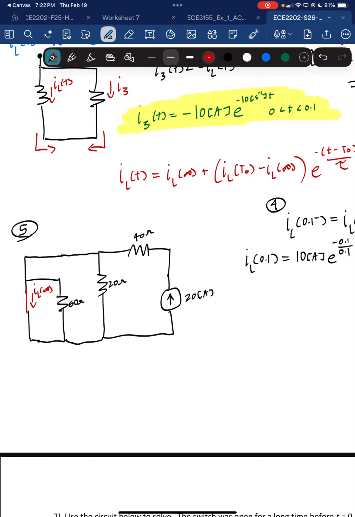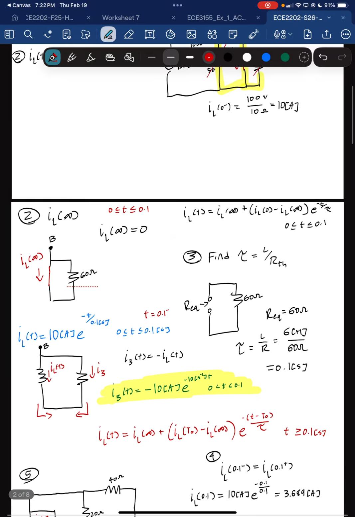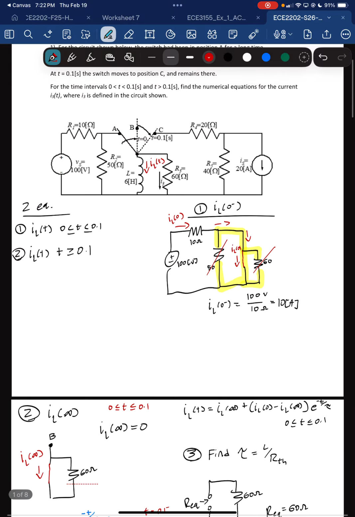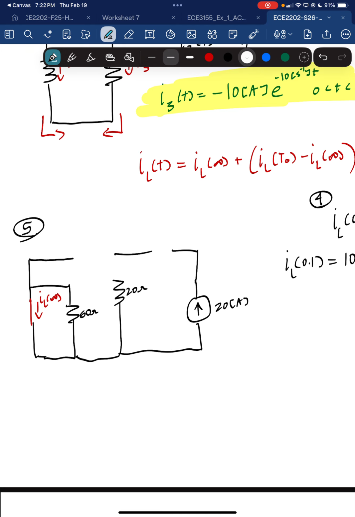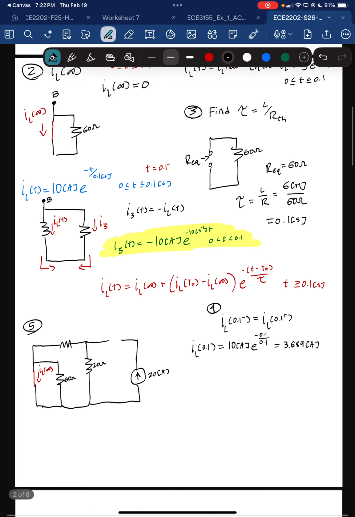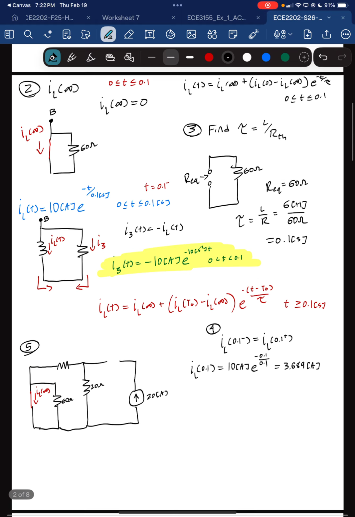Quick question. I think you may have drawn that one a little wrong. Like the 20 is supposed to go down, and the 40 is on yours. You're totally right. Thank you. All right.